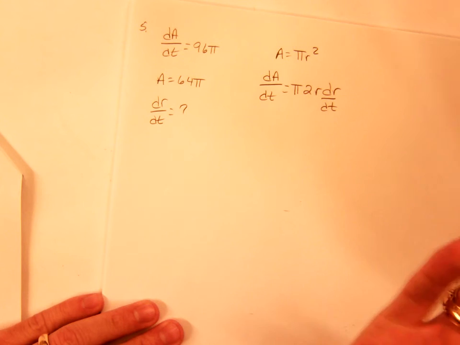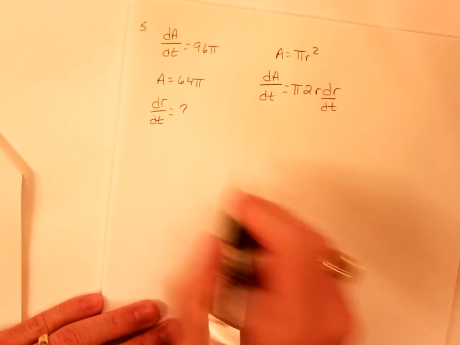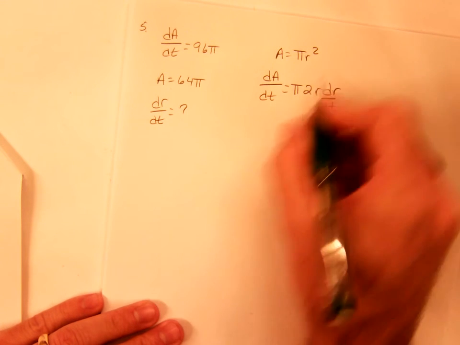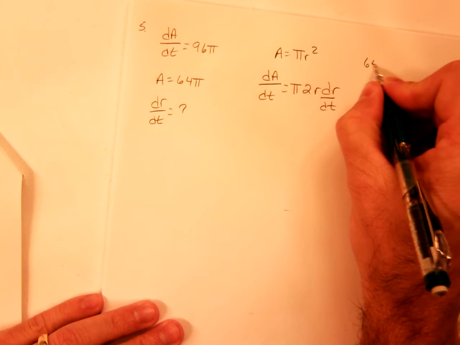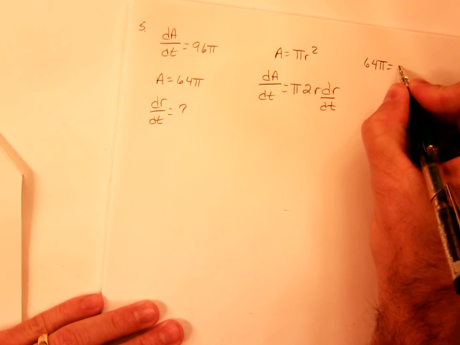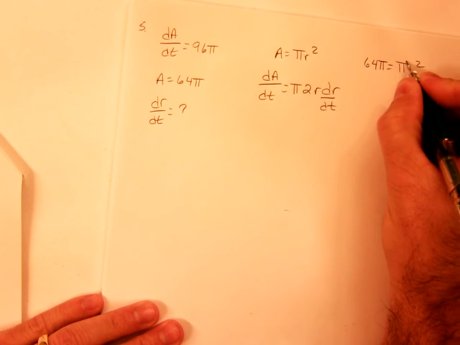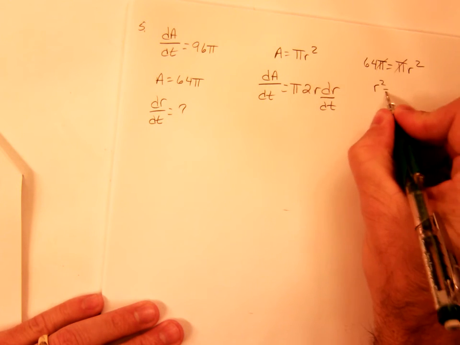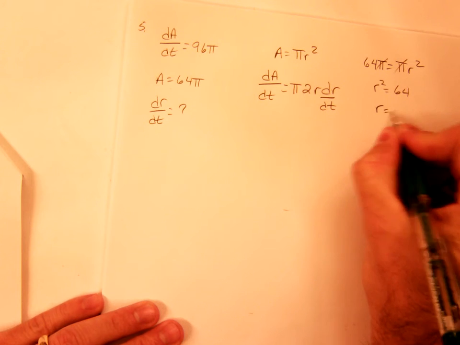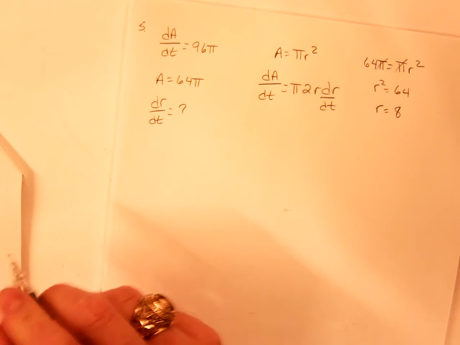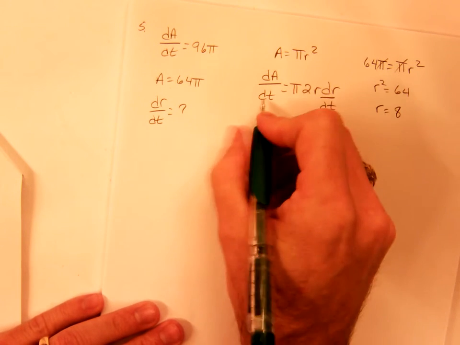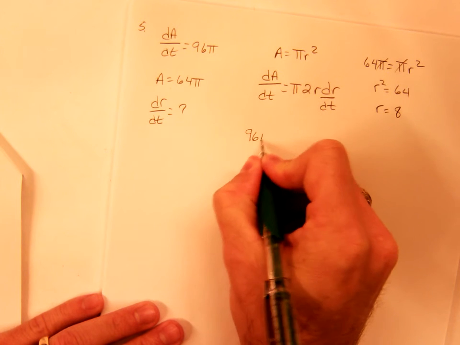I need to know what r is. So I'm going to go to my area formula, and I'm going to plug in 64 pi for area is equal to pi r squared. Divide both sides by pi. I get r squared is equal to 64, so r is equal to 8. Now I plug in. dA/dt was 96 pi.